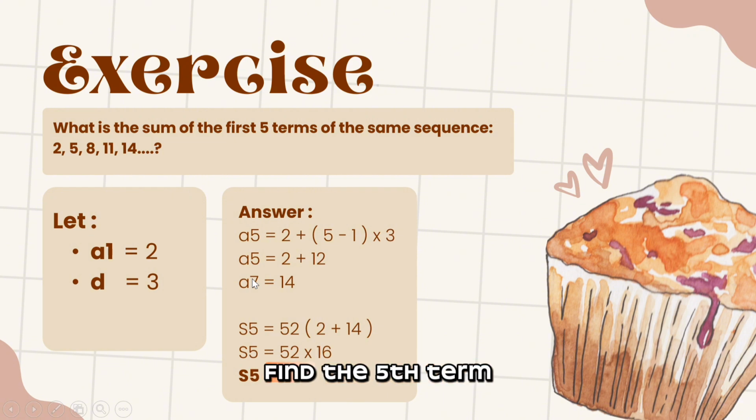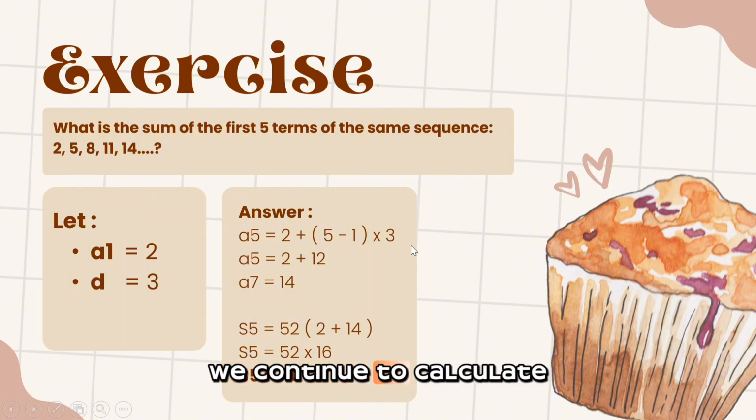So we have to find the fifth term first using the arithmetic sequence formula. So we substitute this information, the first term and the common difference of 3, into the formula, and after calculating that, we get the fifth term, which is 14.